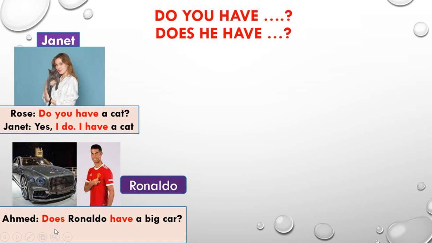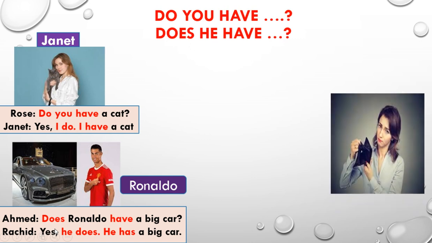Does Ronaldo have a big car? For the answer, Rachid will say Yes, he does. He has a big car. Yes, he does. He has a big car. He can say yes, he does, and that's it. Or yes, he does. He has a big car. So I'll repeat. Does Ronaldo have a big car? Yes, he does. He has a big car.